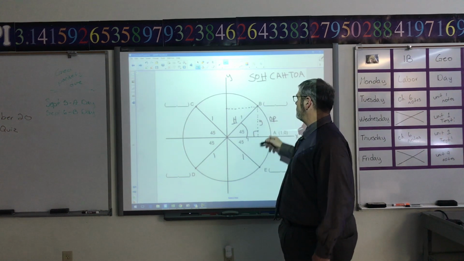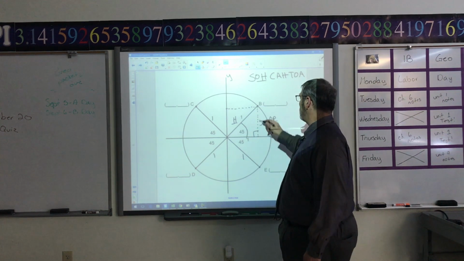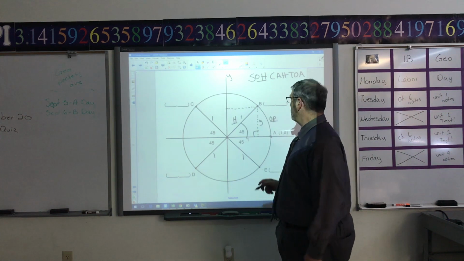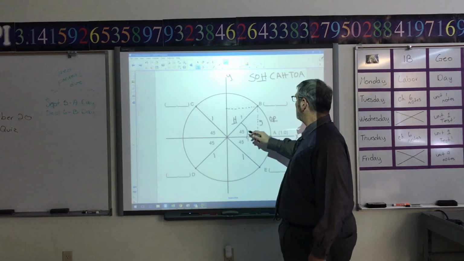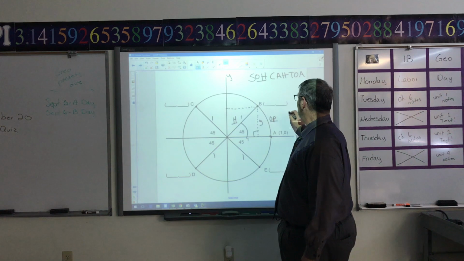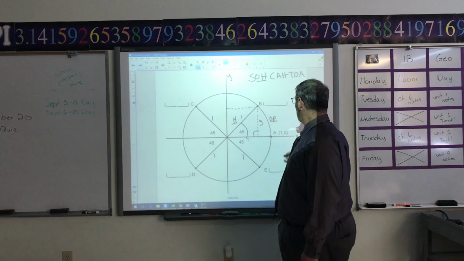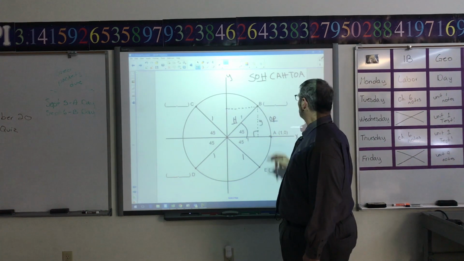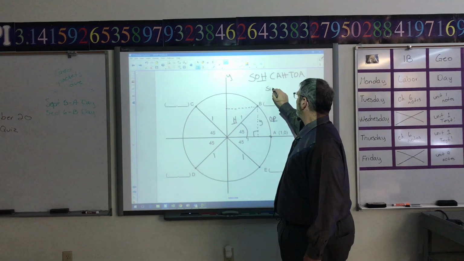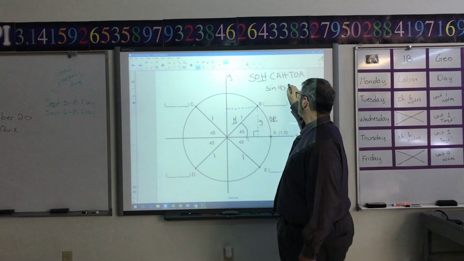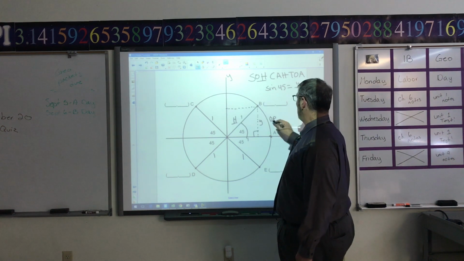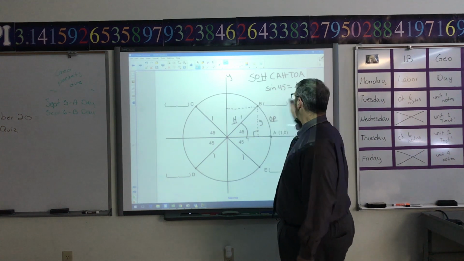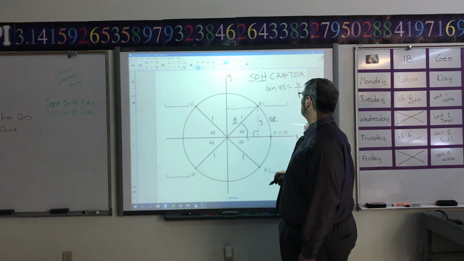So the height, or my y value, would be the sine of 45, which is equal to y opposite over my hypotenuse, which is 1.